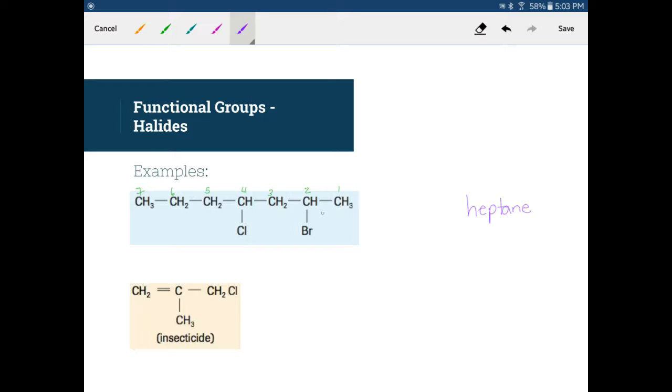And I need to list in alphabetical order to be consistent, so I have my 2 bromo and my 4 chloro, and I will list them from B to C. So I have my bromo, and we'll do chloro. So I have 2 bromo, and then I have 3 chloro heptane. All right. So that one was pretty easy.